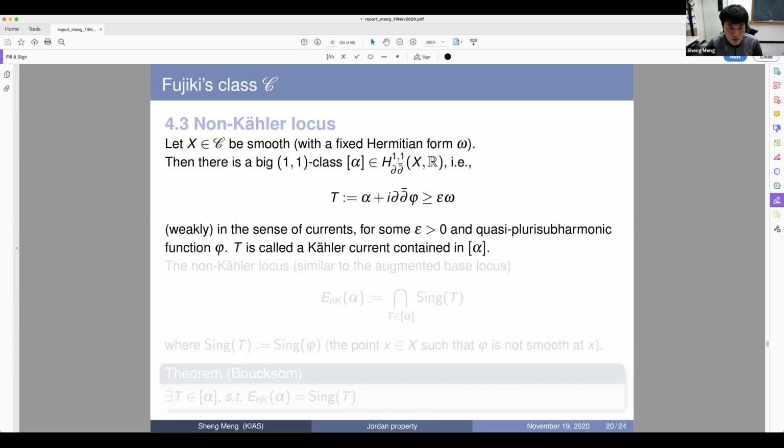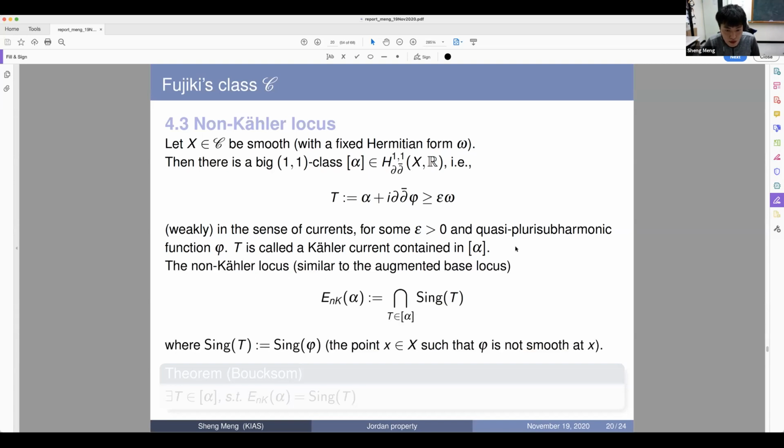There is a big (1,1) class alpha in the Bott-Chern (1,1) cohomology, which means that we can write a current T as alpha plus i partial-bar partial phi greater or equal than epsilon omega, weakly in the sense of currents, for some epsilon greater than 0 and a quasi-plurisubharmonic function phi. If such T satisfies this condition, we call T a Kähler current contained in alpha.